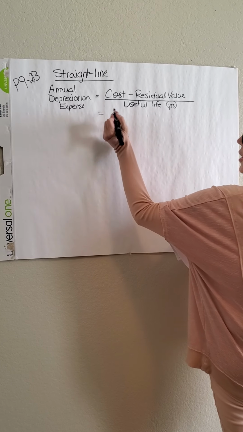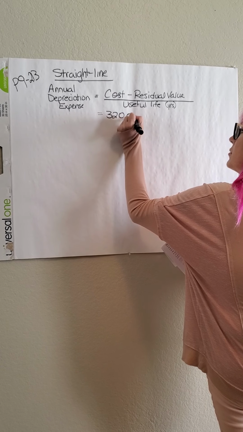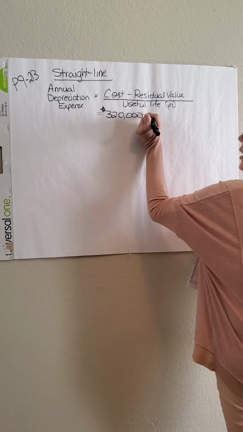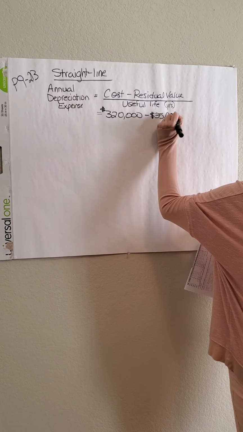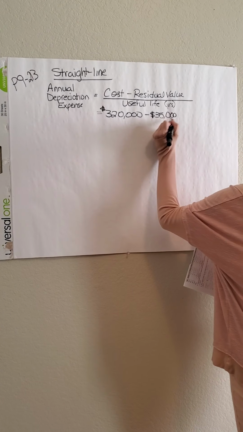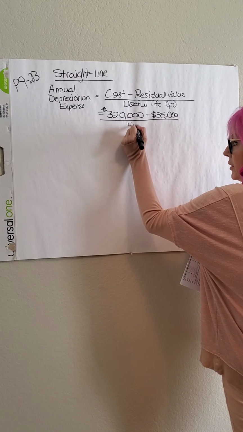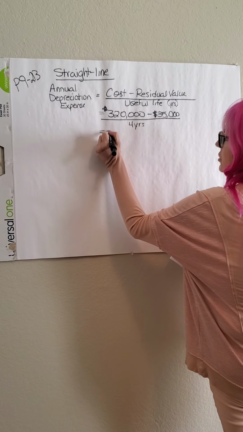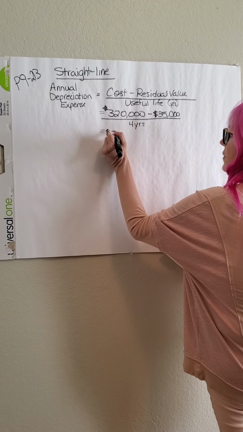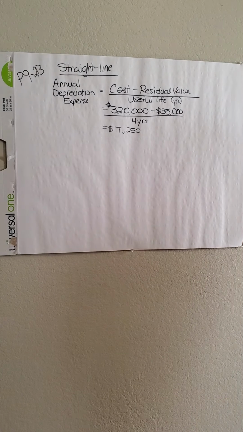We have our $320,000 minus the $35,000, which is going to equal that depreciable cost of $285,000. I'm going to divide that by 4 years, and that's going to give me a depreciation expense each year of $71,250. Okay?